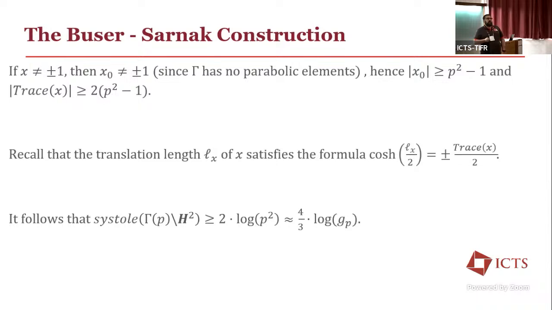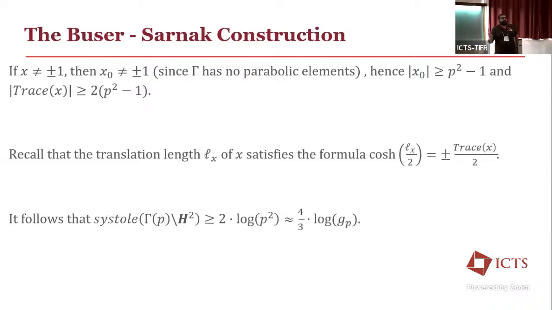But that would mean that that matrix was a parabolic. But we don't have any parabolics inside of gamma. So that means that x naught has to be at least p squared minus 1.